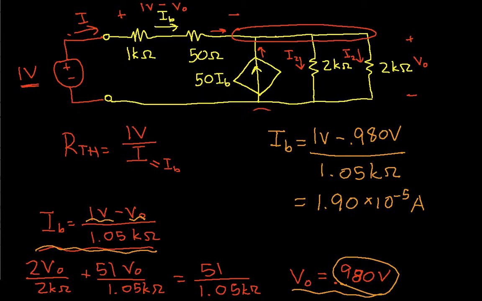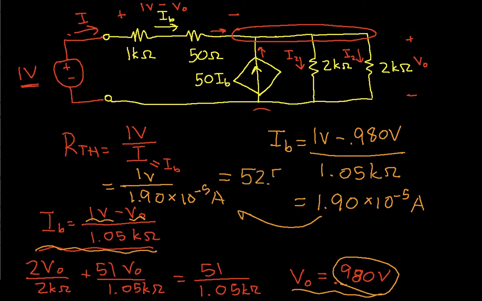With this, I can now compute RTH. It's 1 volt over 1.90 times 10 to the minus 5 amps. That's this value, which gives me, let's see, this gives me 52.5 k ohms.